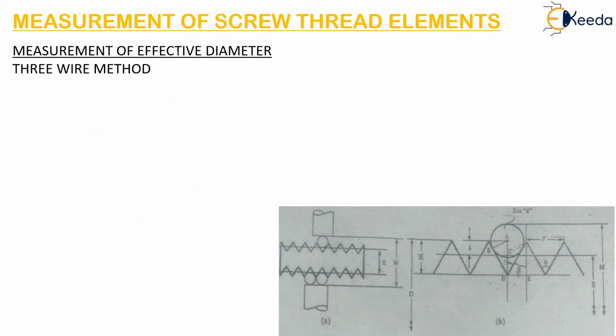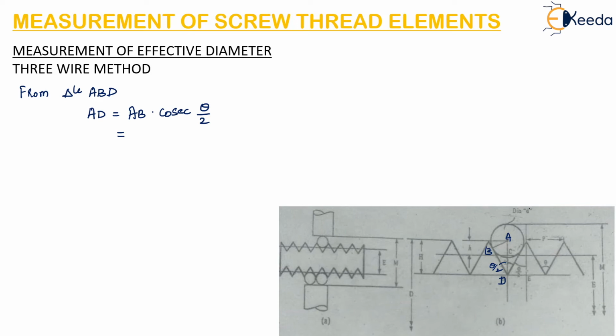So now from the figure here, in the triangle A, B, D, we can write AD as AB into cosec of theta by 2. AB into this angle theta by 2, the cosec of this angle. So AB is nothing but d by 2.